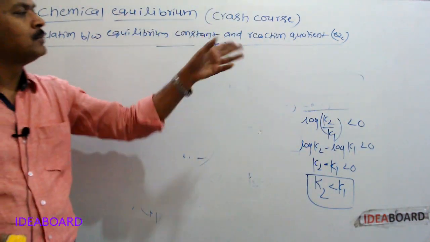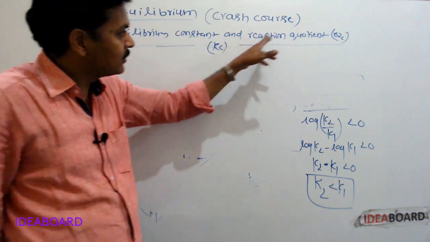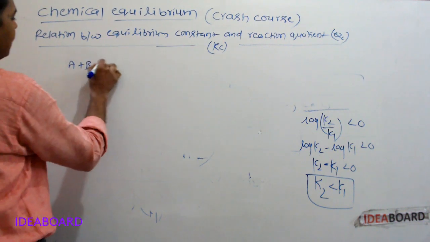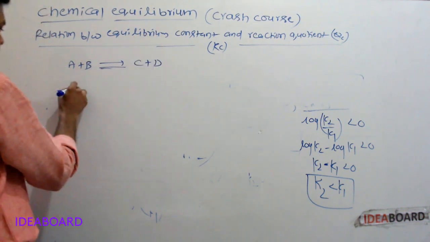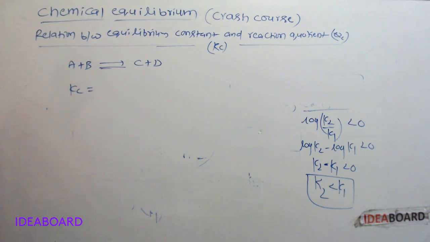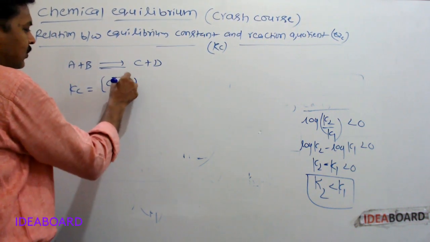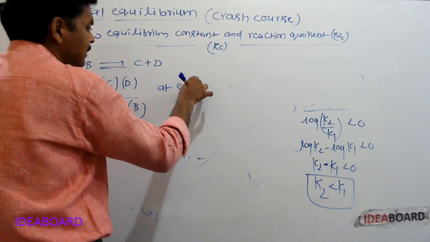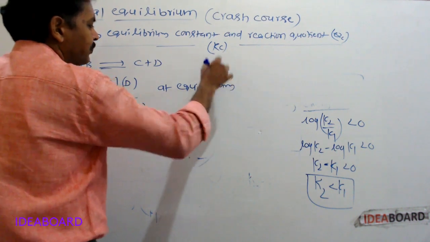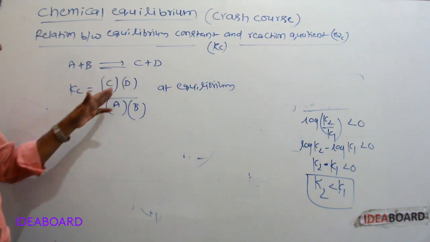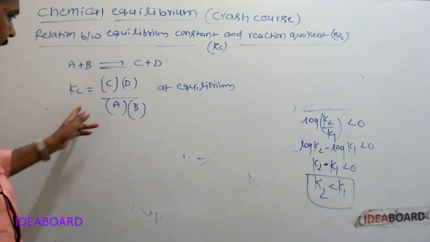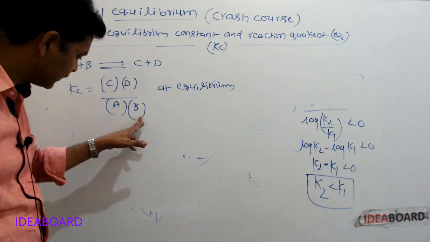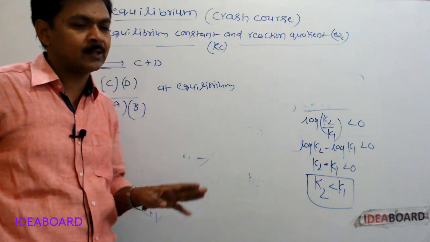Equilibrium constant in terms of concentration means Kc. Reaction quotient means Qc. Take the general reaction A plus B gives C plus D. For this reaction, Kc is equal to C concentration into D concentration divided by A concentration into B concentration at equilibrium. That is a very important point. These concentrations are at the equilibrium state.